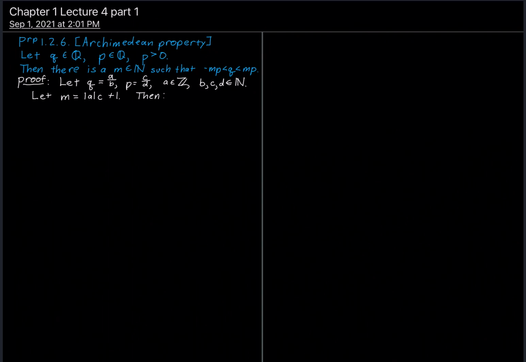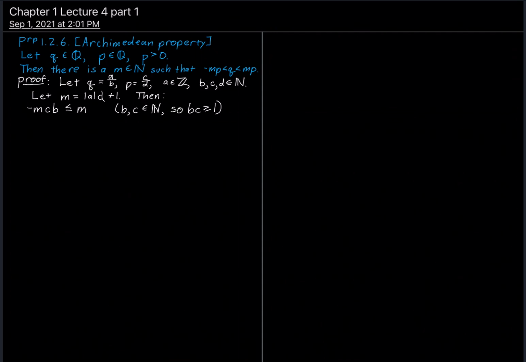Then we write negative M times C times B. That's less than or equal to M, because B and C are natural numbers. So BC, the smallest it could be would be if they were both 1. And then, M is the absolute value of A times D plus 1.